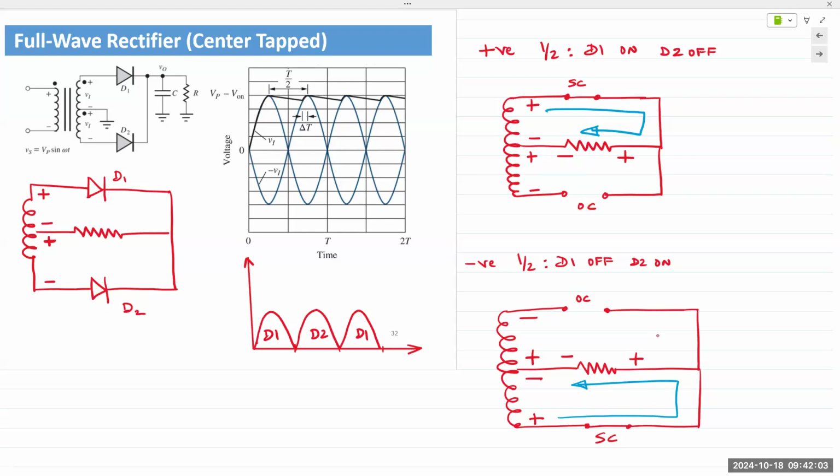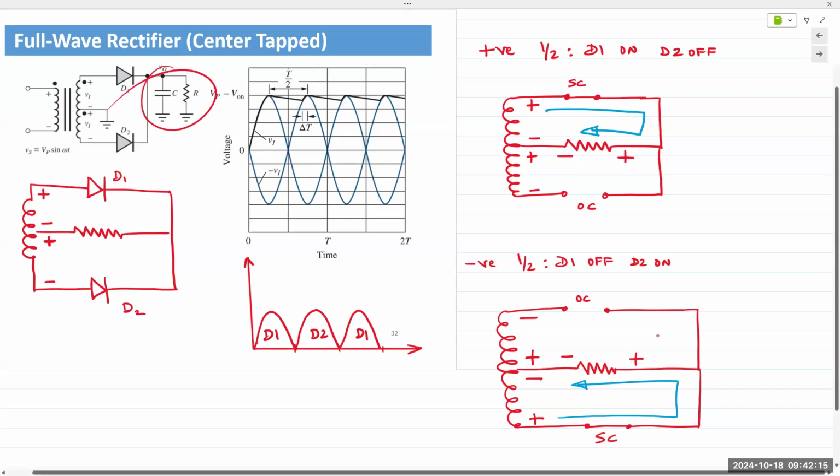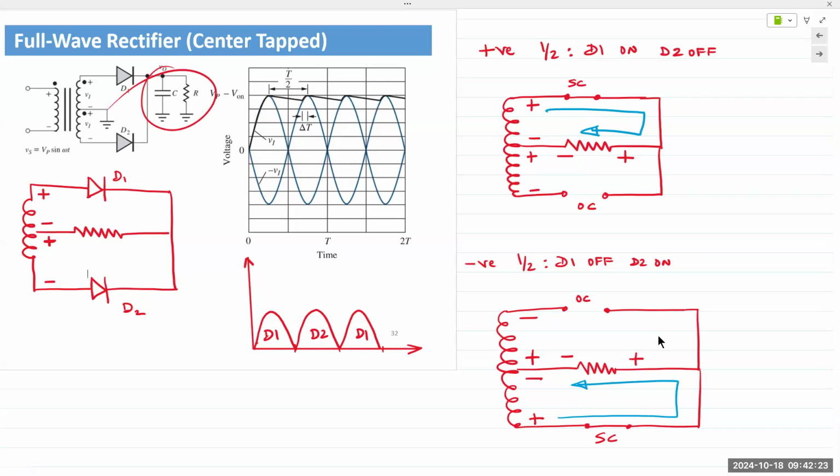So now comes the application of the capacitor. If we attach a capacitor in parallel to our output load, meaning across the resistor, it'll be something like this. Filter capacitor in parallel with the output resistor.